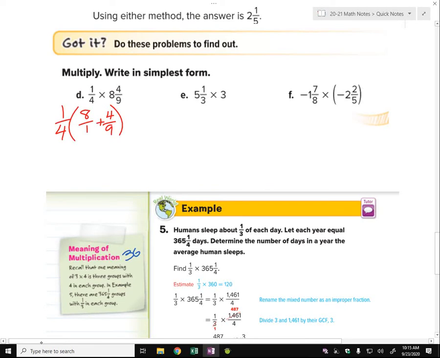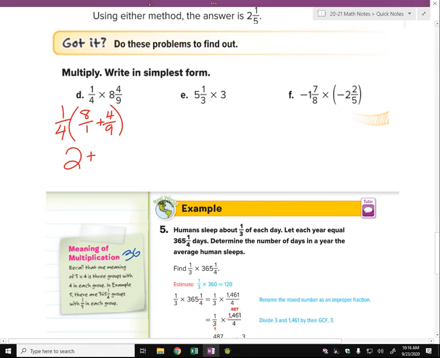Now I know, using mental math, what's 1/4 times 8? What's 8 divided by 4? 2. And I have 1/4 and multiply by 4/9.